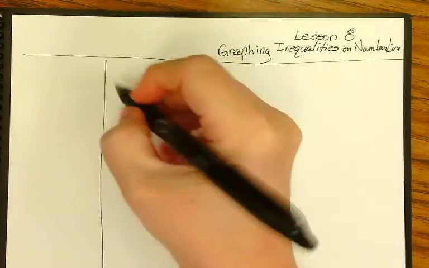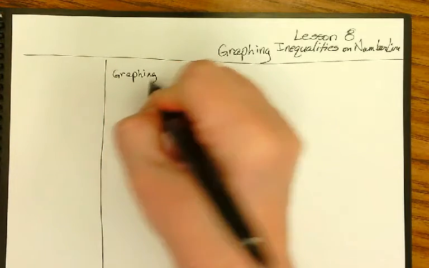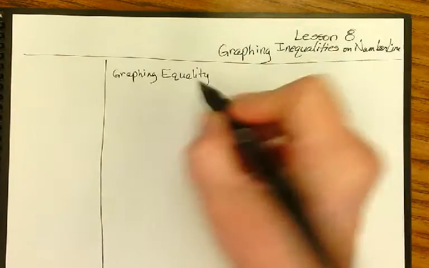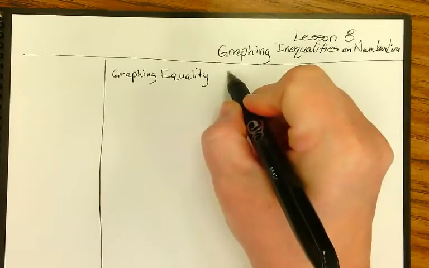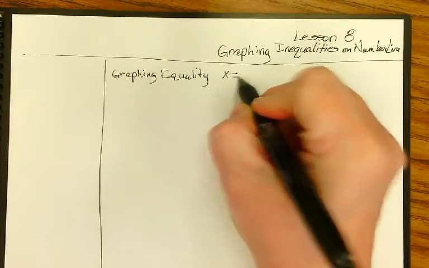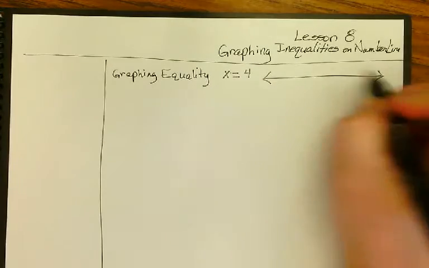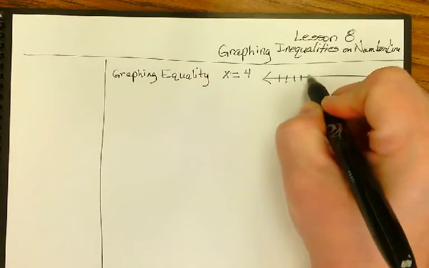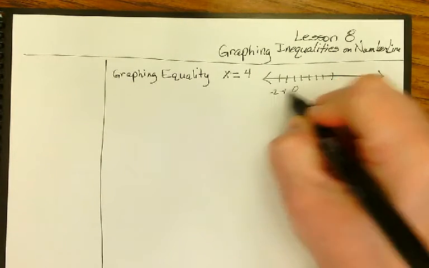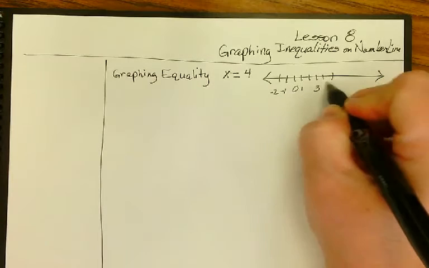For instance, equality. This is what we've already done. So if I say x equals 4, and I have my 0, -1, -2, 1, 2, 3, 4, 5.